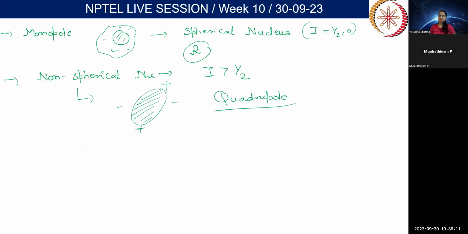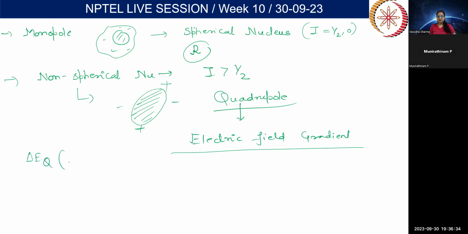Quad means 4, so it is a quadrupole, and that is where we consider the terminology electric field gradient. This electric field gradient happens when we have a non-spherical nucleus and a quadrupole exists. And we talked about delta EQ, which is the quadrupole splitting.